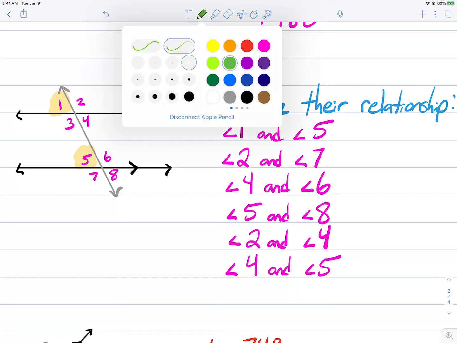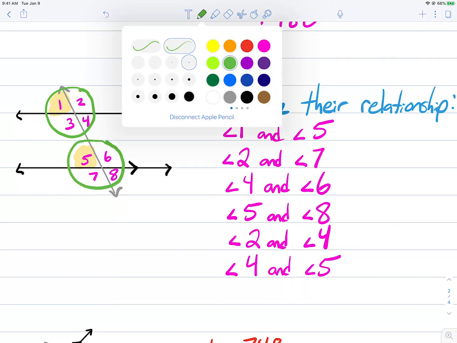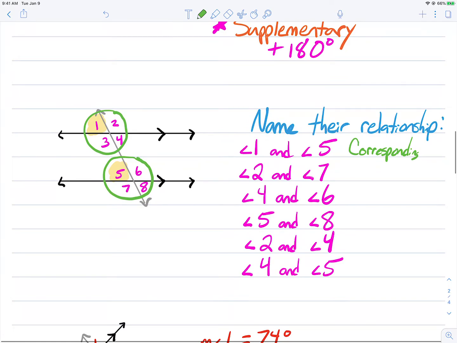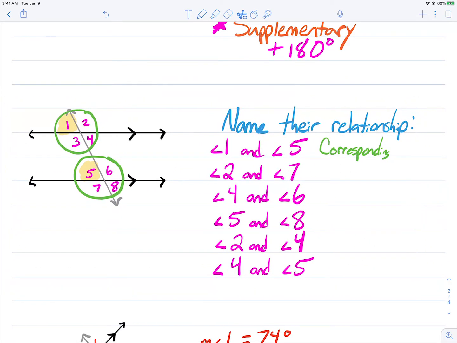So if I considered this cluster at the top and this cluster at the bottom, angles 1 and 5 are both in the upper left-hand corner of those clusters, which means they are corresponding angles, because corresponding angles are in the same spot, same exact place on both of those lines.